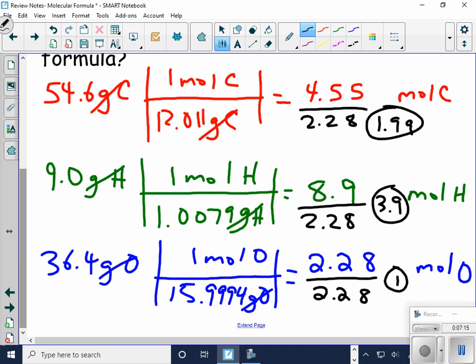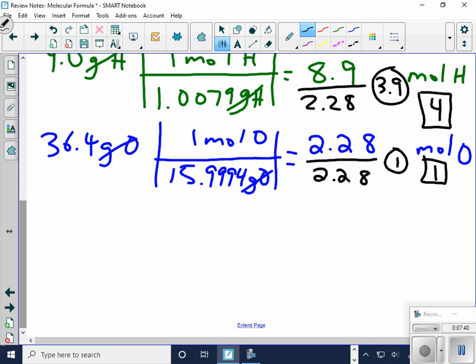So I look at this and I say, okay, is this close enough to 2? Yes, it is. So I'm going to say I have 2 carbon. Is this going to be close enough to 4? I would say a 3.9 is close enough to 4. Yes. And then I have the 1 here. So I'm going to come up with my empirical formula being C2H4O.